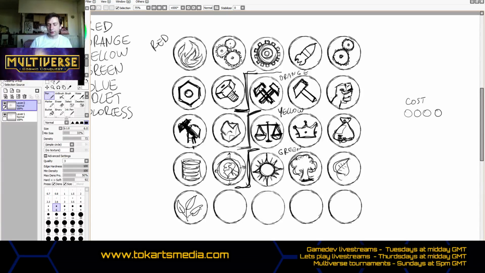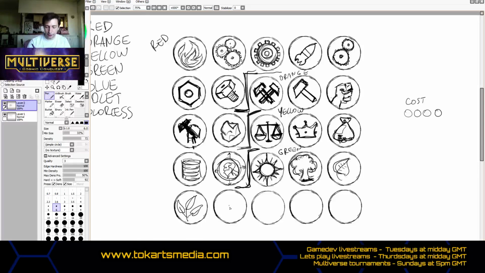I have drawn 3 leaves, but I don't think that having 3 of something in one single bubble works that well. Let me think what else is here. Not much. Other than the leaf, I honestly don't like any of these.